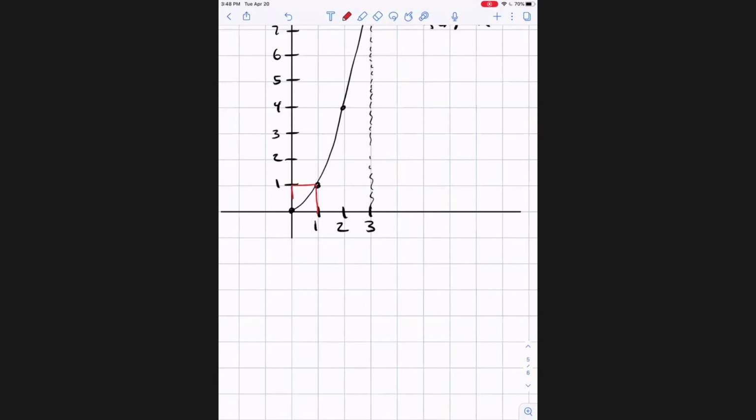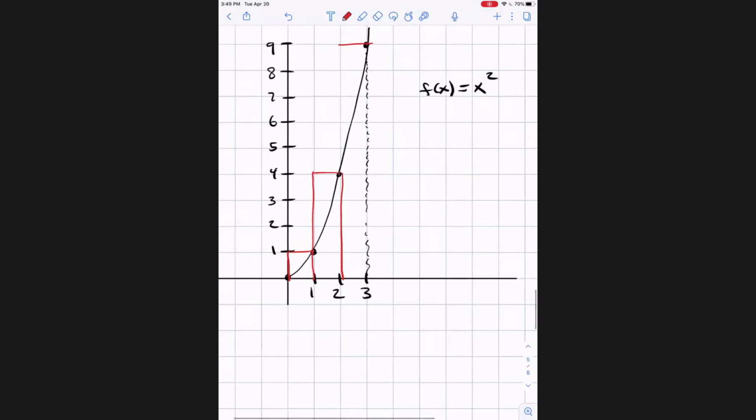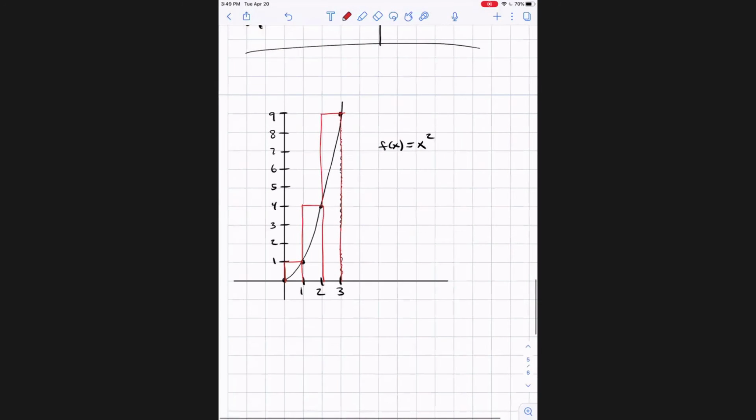I'm going to create these red rectangles. Notice these red rectangles are a little too big, meaning there's going to be an error in my area because the area of the rectangles added together is actually larger than the area underneath the curve. But again, this is an approximation. This is a situation where I'm letting n equal 3, n being the number of partitions that I broke up this interval from 0 to 3 at.